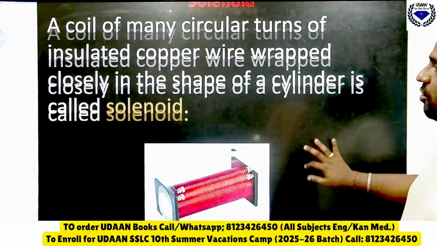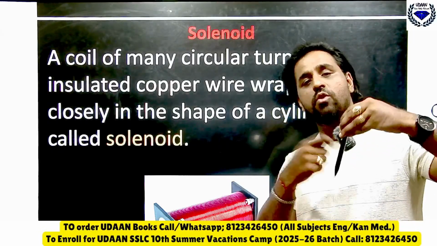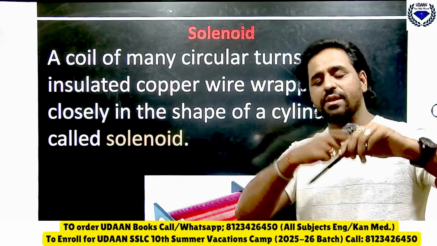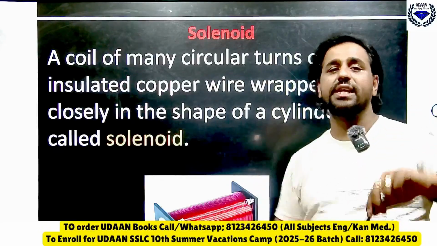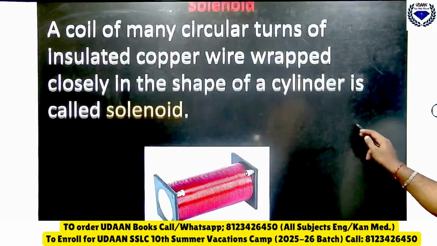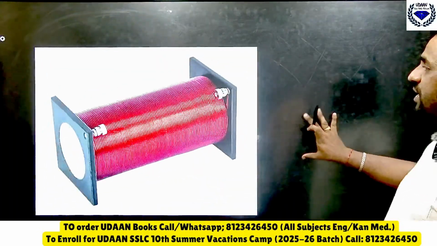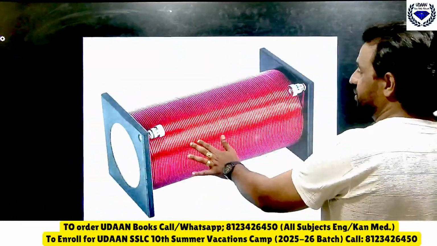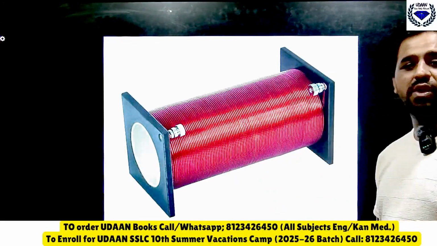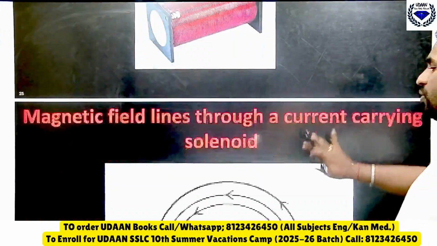Then what is a solenoid? Again, a 1 mark fixed question. A coil of many turns of insulated copper wire. Take one coil with many turns, 100 or 200, and rotate it. A coil of many circular turns of insulated copper wire wrapped closely in the shape of a cylinder, we call it a solenoid. You must remember how a solenoid looks.